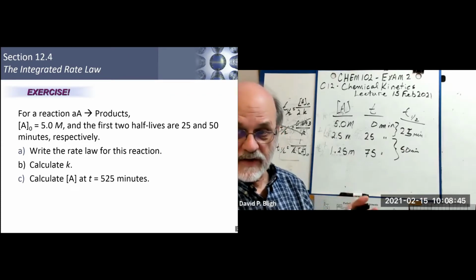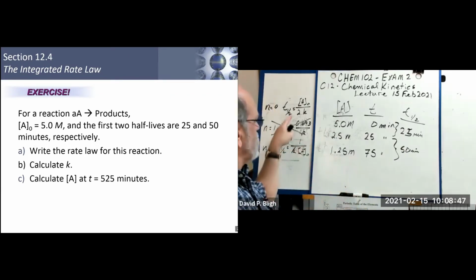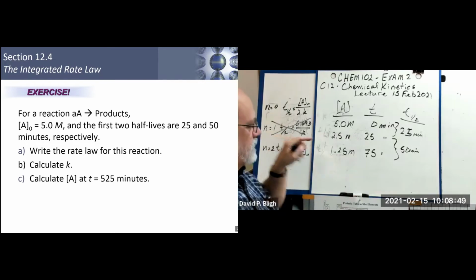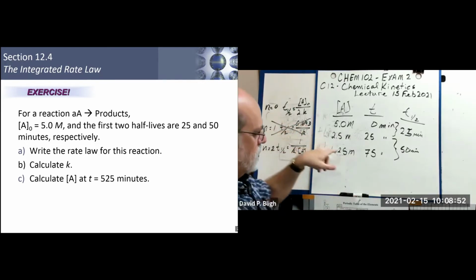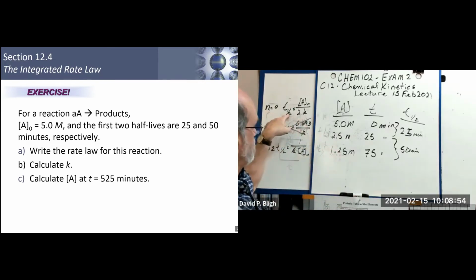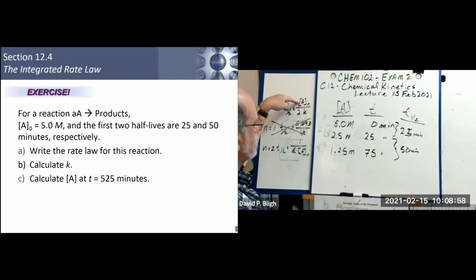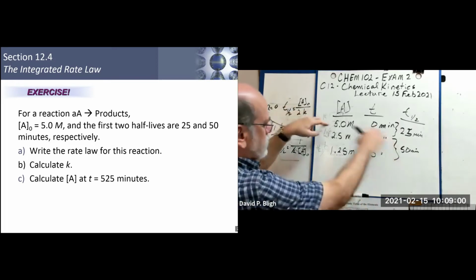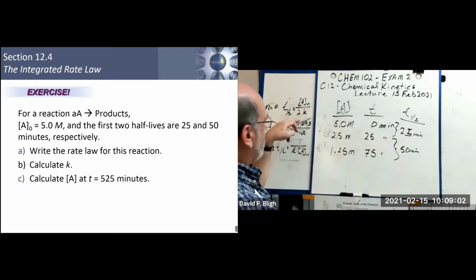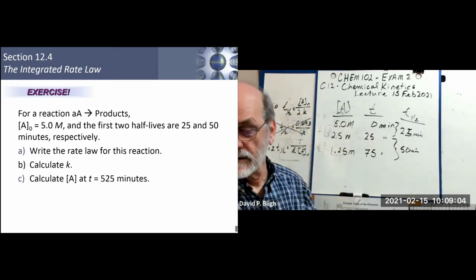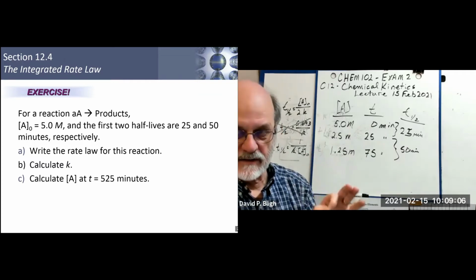So what we would do then is do the calculation for this one, inputting the half-life, and pick an initial concentration. We would do this one and find out what the K is. K is a constant.